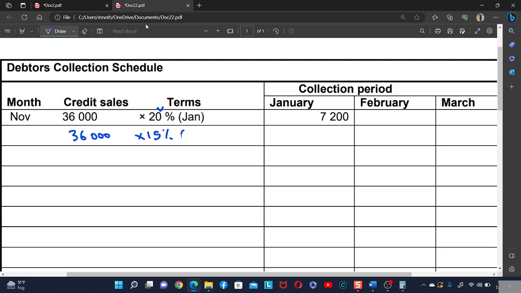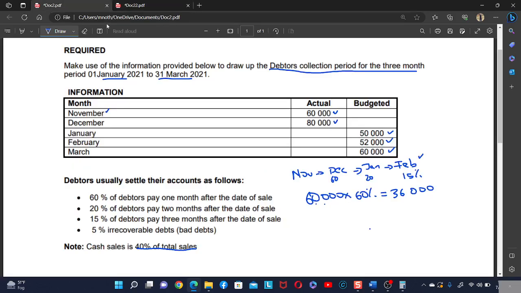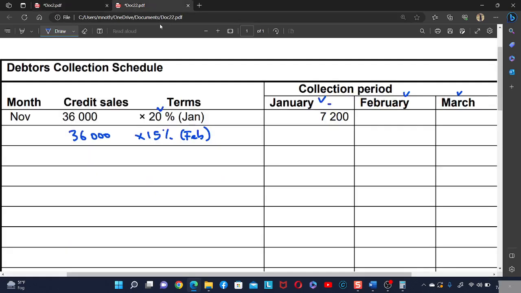Remember, we are doing this for January, February, and March. So December and January sales are not included in this period, which is why we are not doing the calculations here.